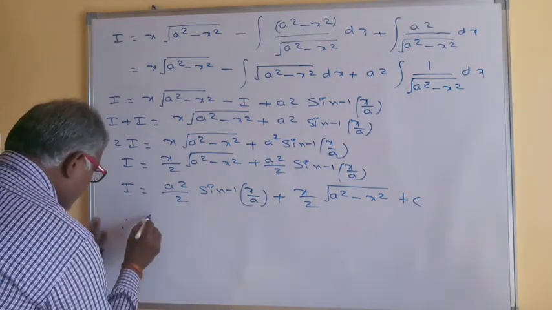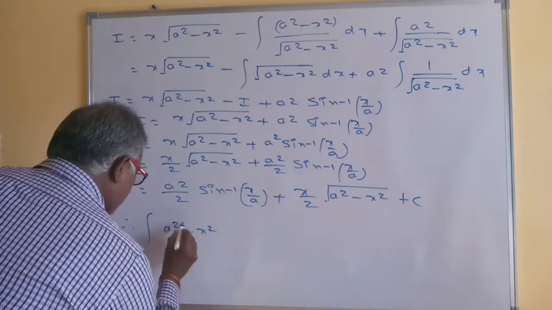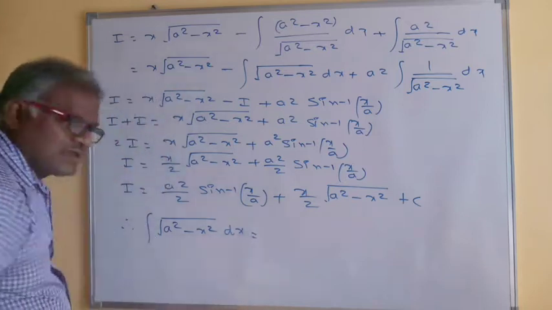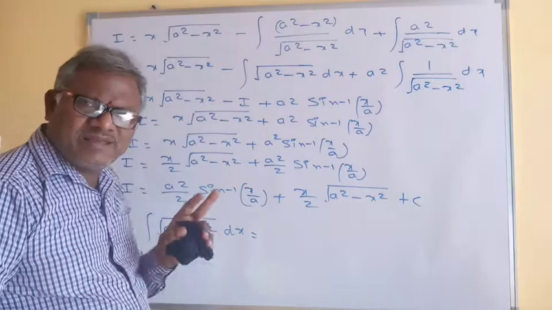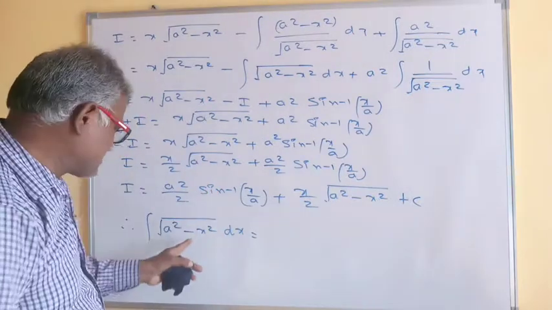Therefore, remember integral root of a square minus x square dx. Already in the denominator there is only sin inverse x by a, but here in the numerator it is root of a square minus x square.